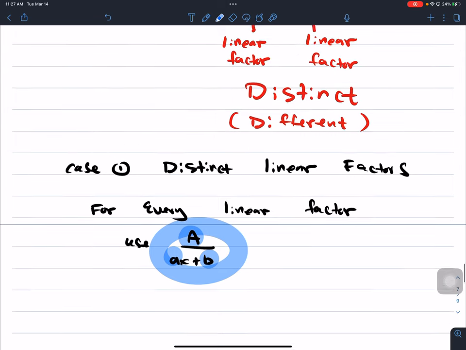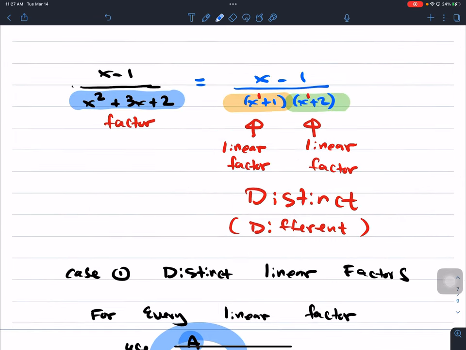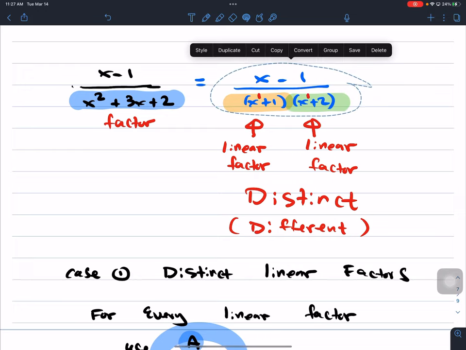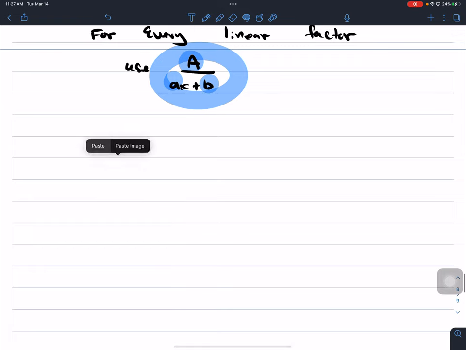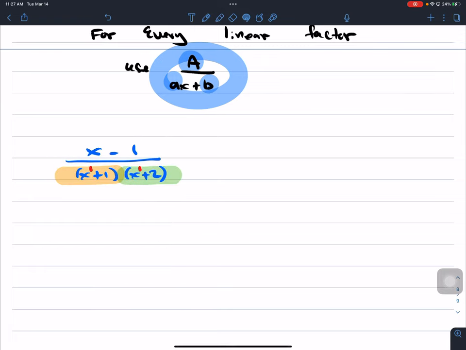So what I want you guys to notice here is this. Here's what I'm going to do. Copy. We're going to write it this way.